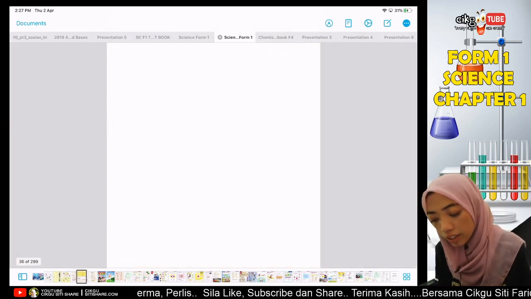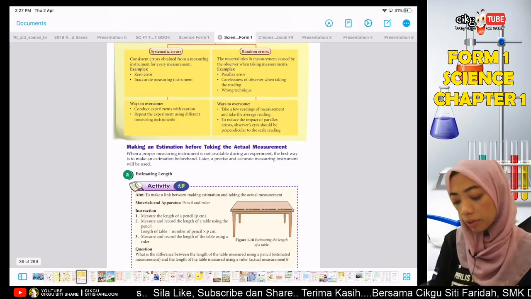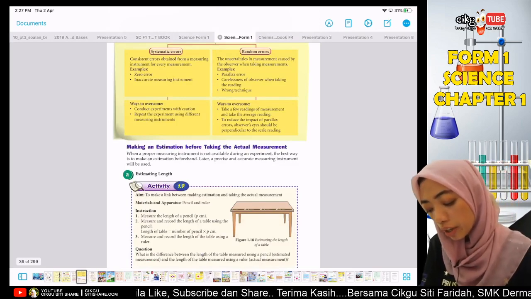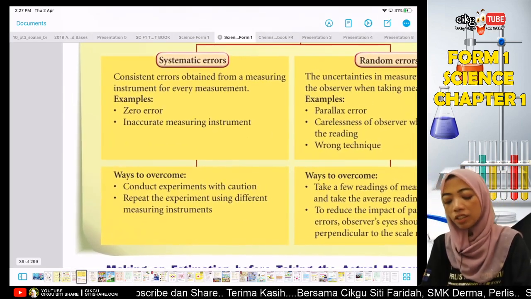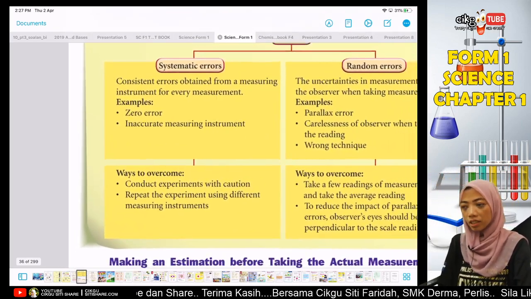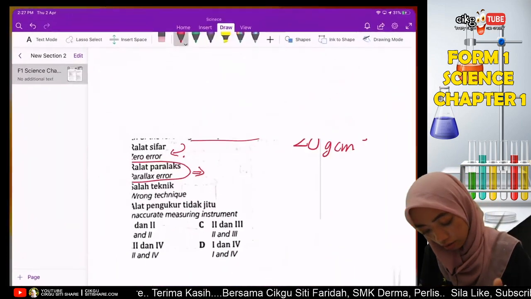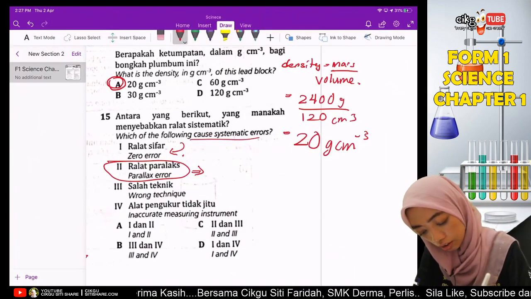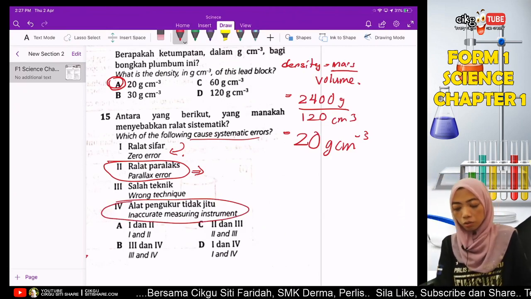Okay, systematic error. Because an example of systematic error is an inaccurate measuring instrument. Okay, caused by zero error and inaccurate measuring instrument. So this is the answer. The other answer is inaccurate measuring instrument.